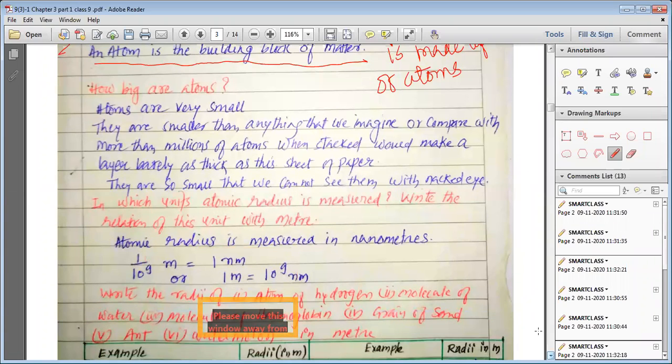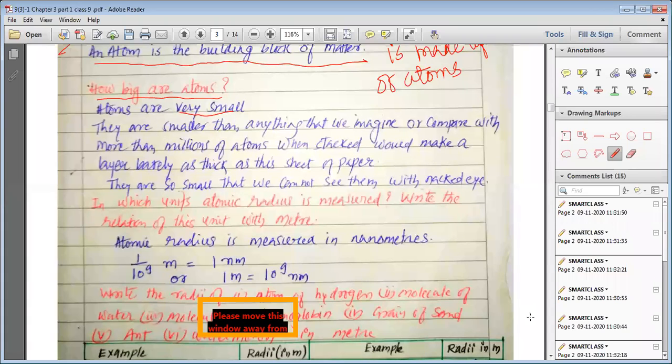How big are atoms? This is also very important for us to know about atoms. So we should know how big these atoms are. Atoms are very small. They are not big, but very small.